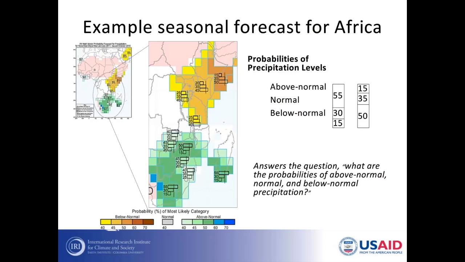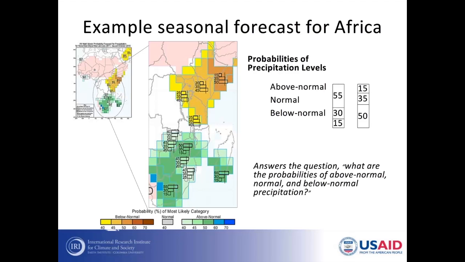This forecast predicts the climate conditions for the November 2010 to January 2011 three-month season, based on the conditions in the preceding October when the forecast was issued. It answers the question, what are the probabilities of above normal, near normal and below normal precipitation expected to be?